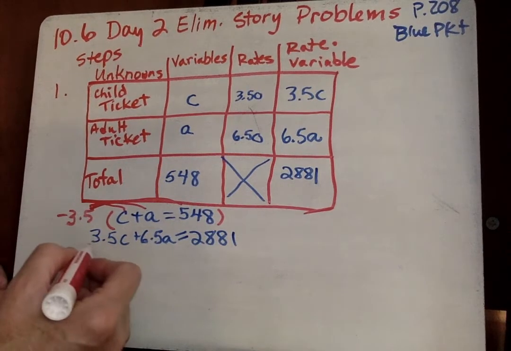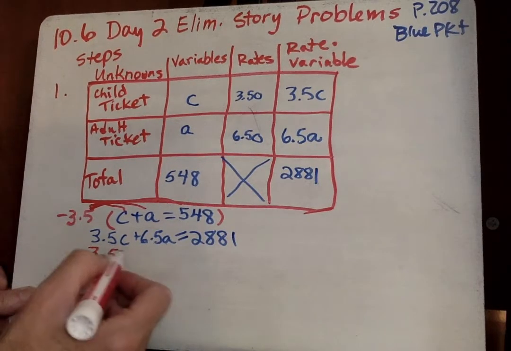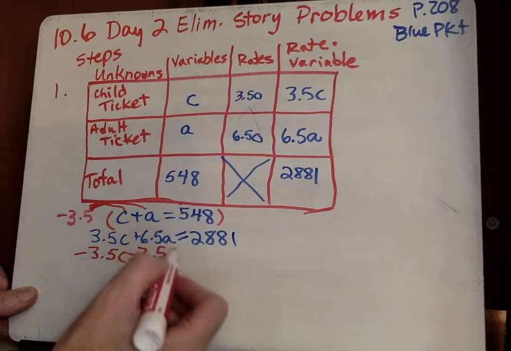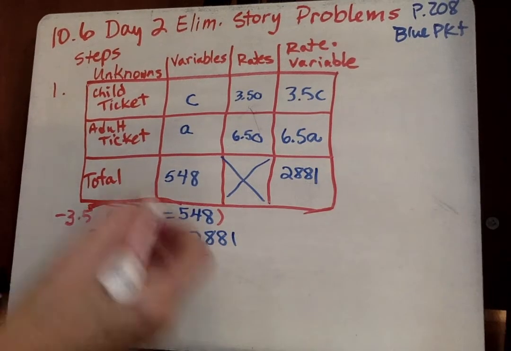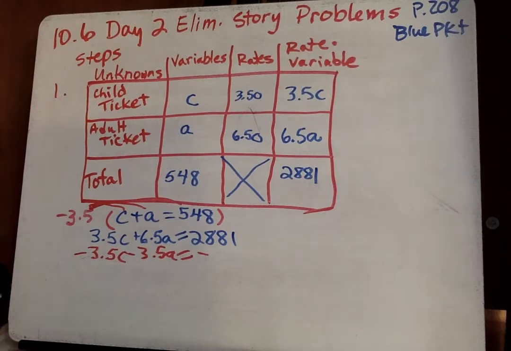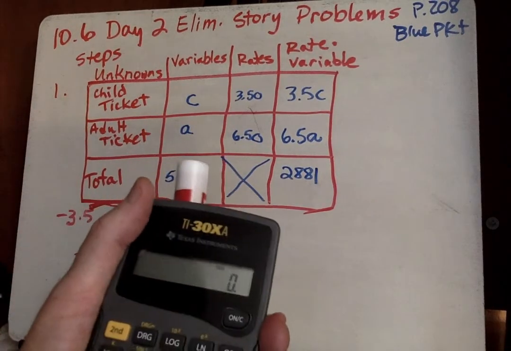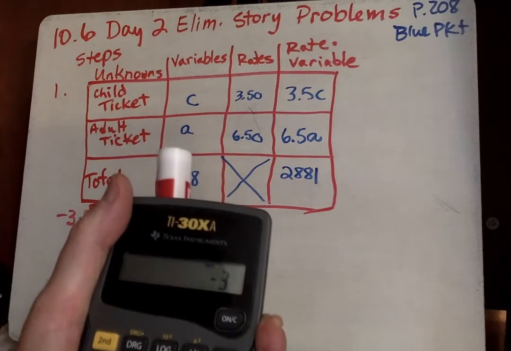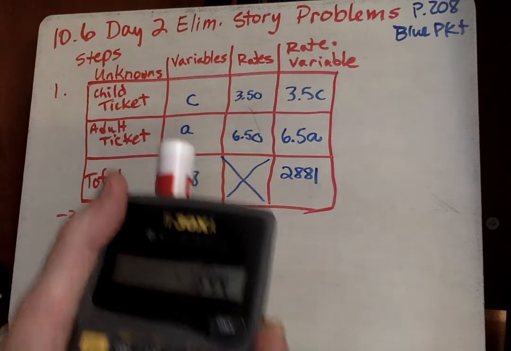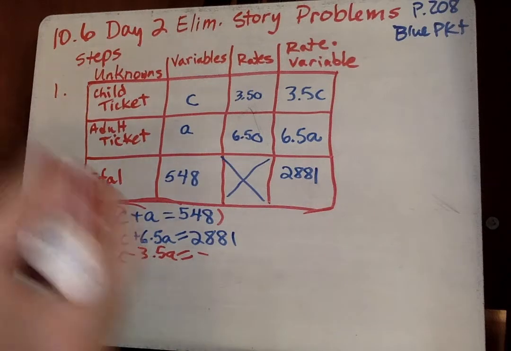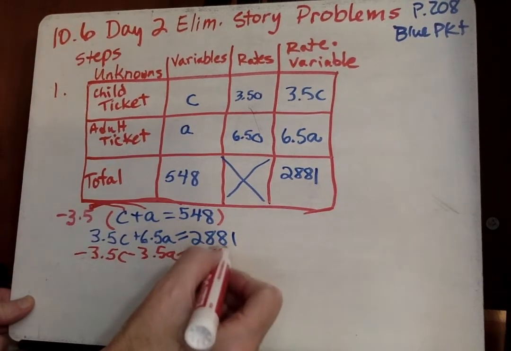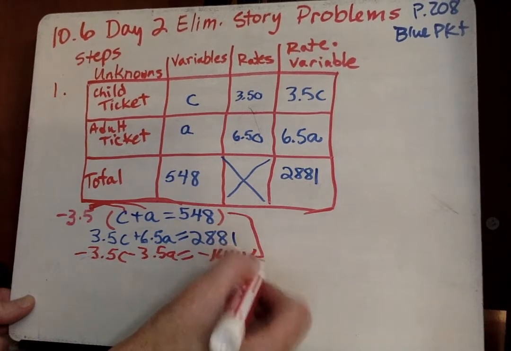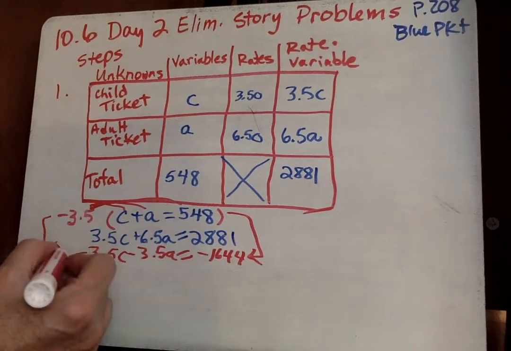So it's negative 3.5c minus 3.5a equals negative. Now we have to take the 548 times 3.5, negative, equals negative 1644. So again, all I did is multiply that by 3.5.